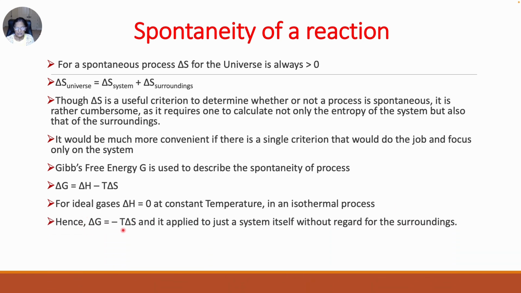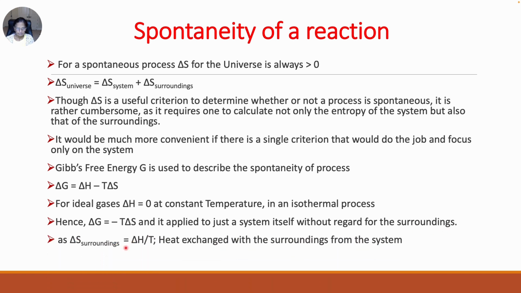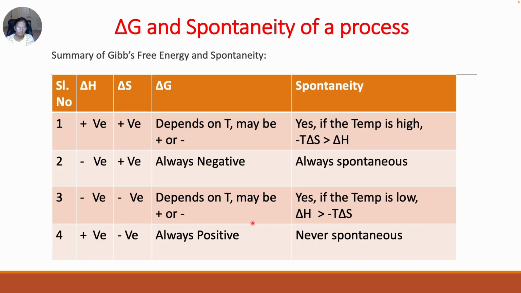Hence, delta G is equal to 0 minus T delta S, and it applies to just the system itself without regard to the surroundings, as delta S surroundings is equal to delta H divided by T, and delta H is 0, divided by T is also 0. Heat exchanged with the surroundings from the system is 0, therefore delta S surroundings becomes 0. Then delta G is equal to minus T delta S.